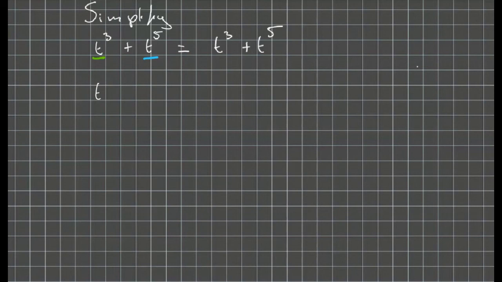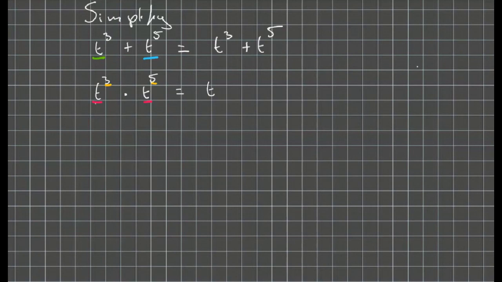Now with multiplication, I can multiply these because with multiplications we don't look at the like terms. And we have the same base here. We have a base t and a base t, even though we have different exponents. We can still add the exponents together because we have a multiplication between two powers with the same base.